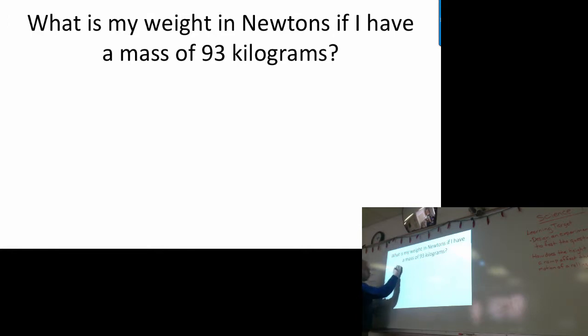Okay, so the force due to gravity on an object, that's the same as weight. All right. So weight equals the object's mass, and that has to be in kilograms, multiplied by little g, which is the acceleration due to gravity.